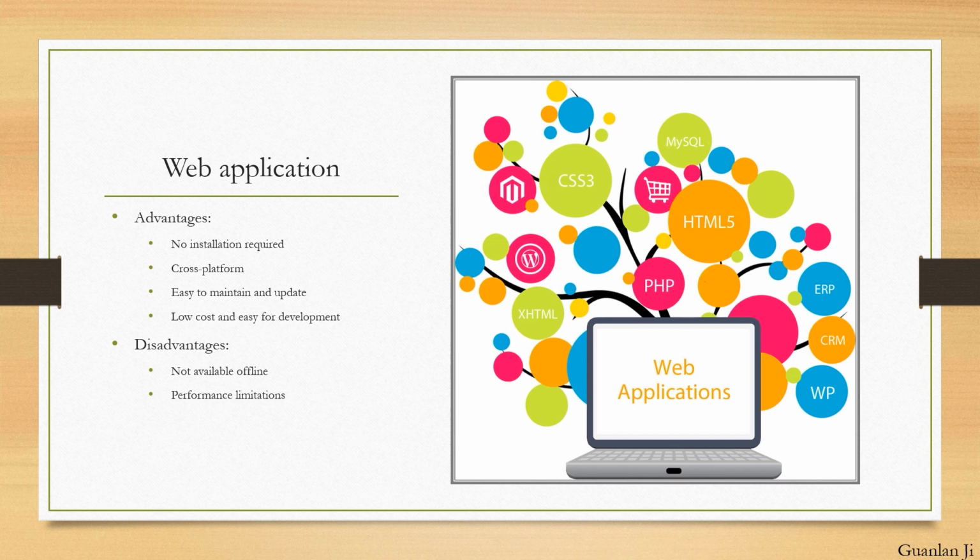A web application also has disadvantages, like it must be online and has performance limitations. But these shortcomings can be ignored in our project, because we must be online to get responses from the OpenAI API, and we don't require too many resources. To sum up, because of its significant advantages and minor disadvantages, we decided to employ this kind of design for our project.